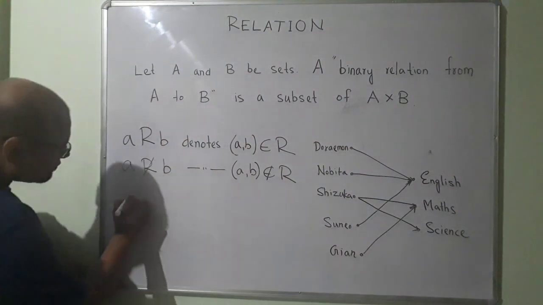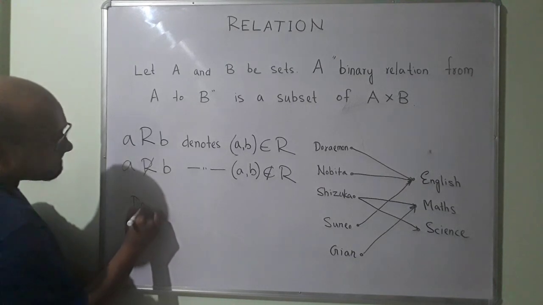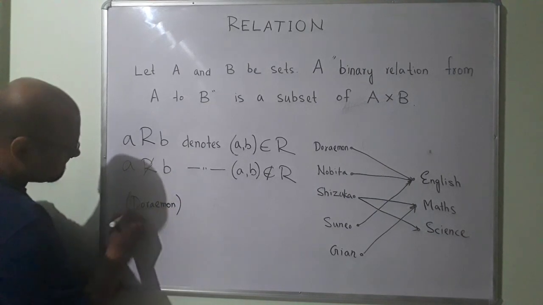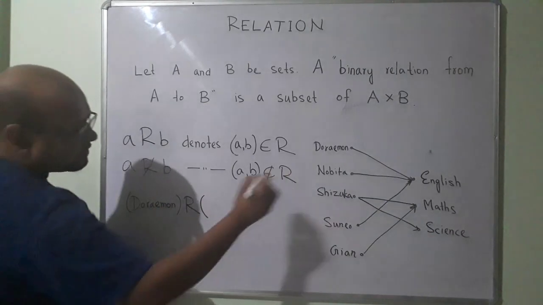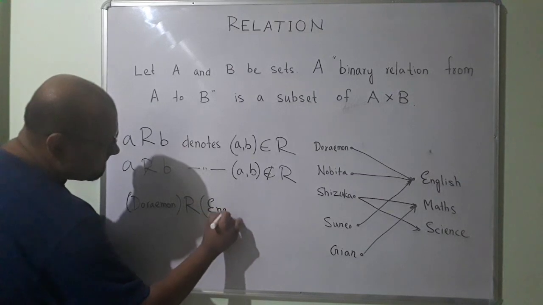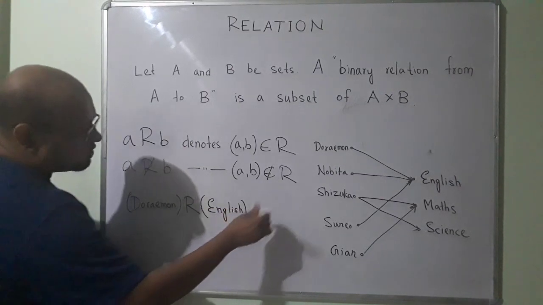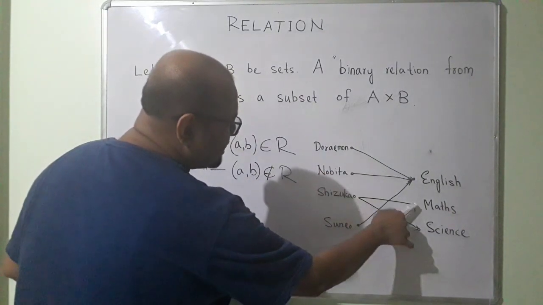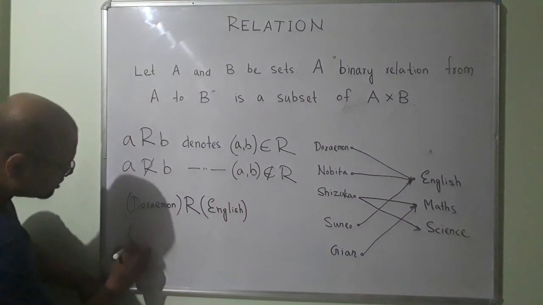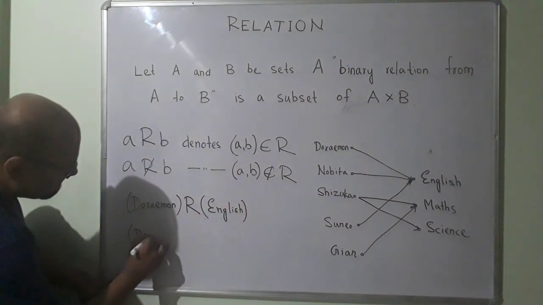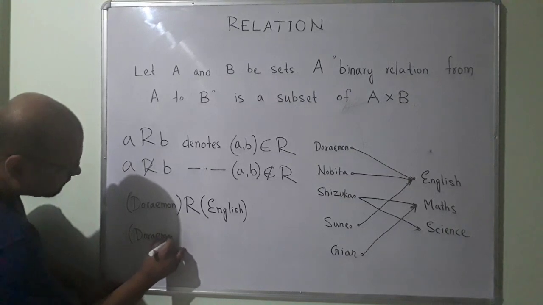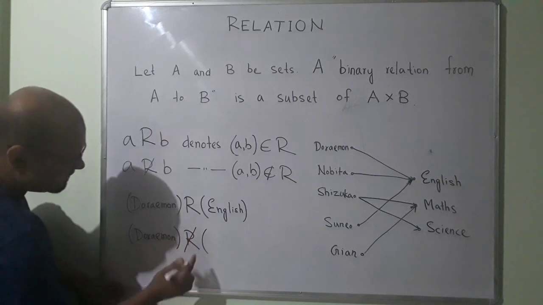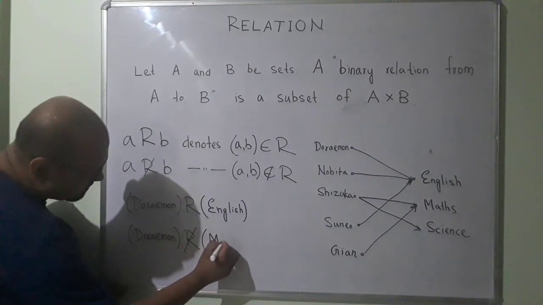So we can say that Doraemon is in the relation with English. Doraemon got an outstanding grade in English. Did Doraemon get an outstanding grade in Maths? No, Doraemon did not. So we would write that Doraemon is not in this relation with Maths.